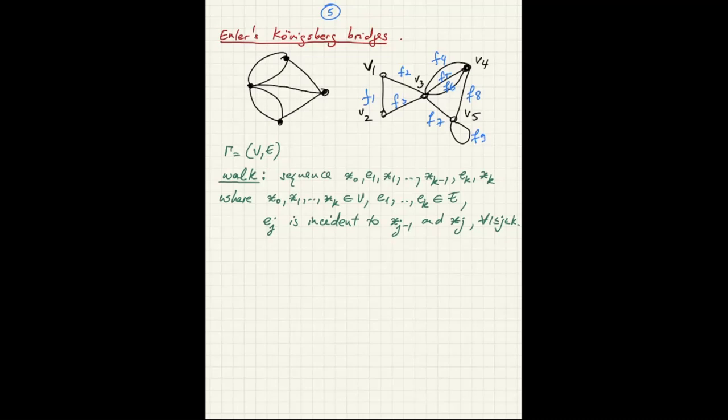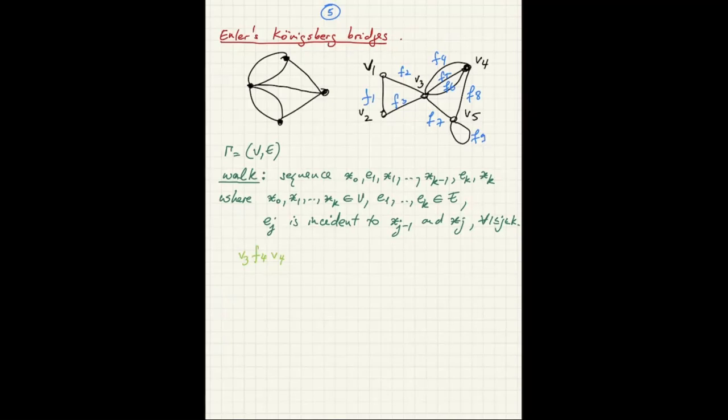For example, I cannot just jump from V2 to V5 because there's no edge to connect them. So in our situation, if I look at something like V3, F4, V4, that's a valid walk. It gets me from V3 to V4 using the edge F4.